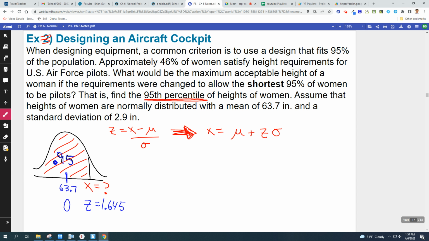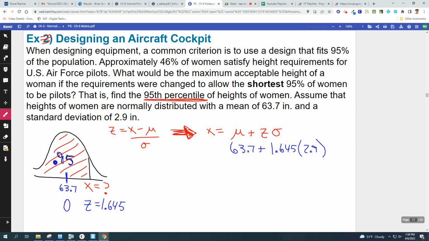We want to start at the mean, 63.7, and we want to add 1.645 standard deviations. We're going 1.645 standard deviations away from that mean, so we're going to add 2.9 1.645 times. I think it makes a lot of sense if you think about it that way.